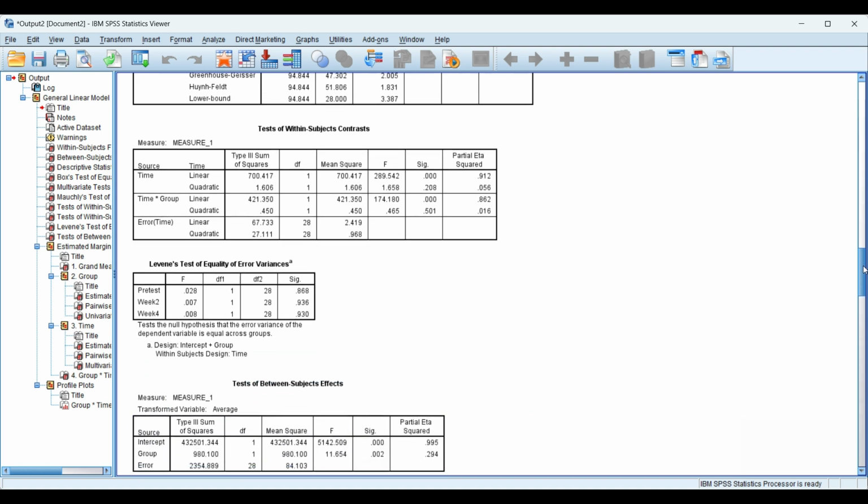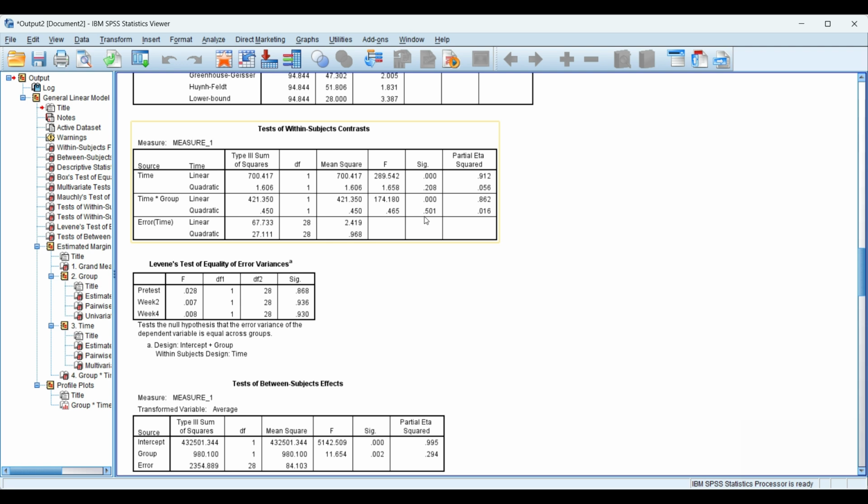Okay, now we come to the test of within-subject contrasts. We can see here time is significant, and the time-with-group interaction effect is also significant. The linear trend was significant for time, indicating a consistent increase in score across the three measurements: pre-test, week 2 and week 4.